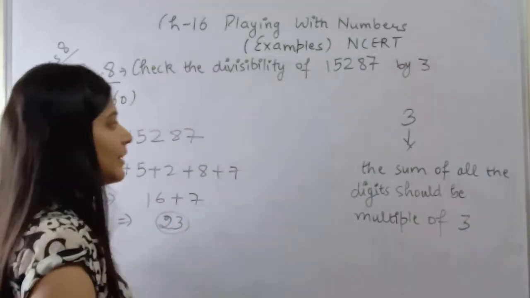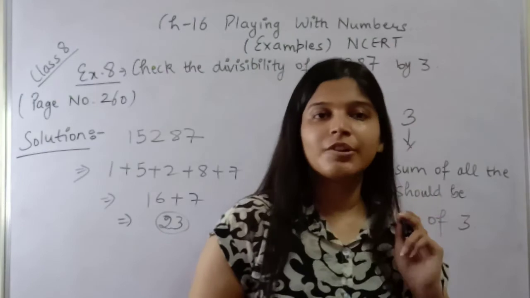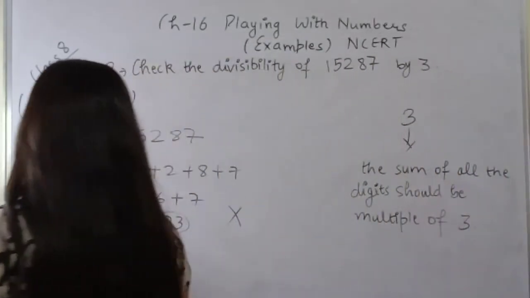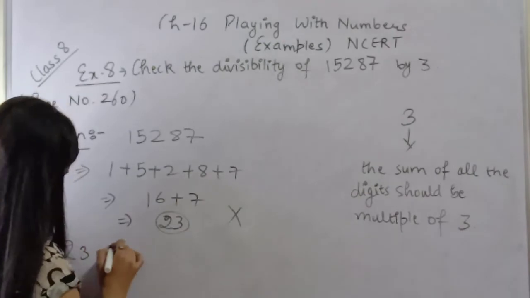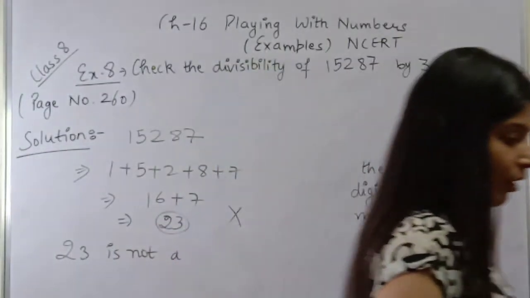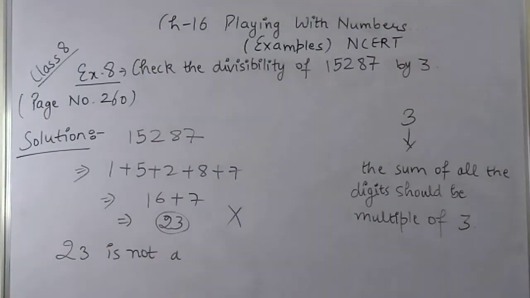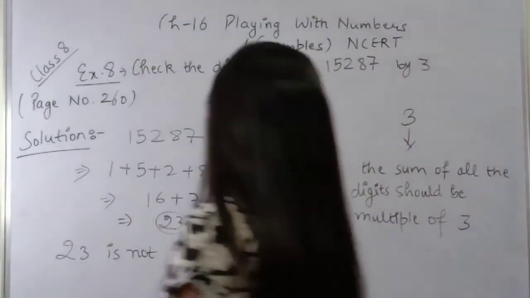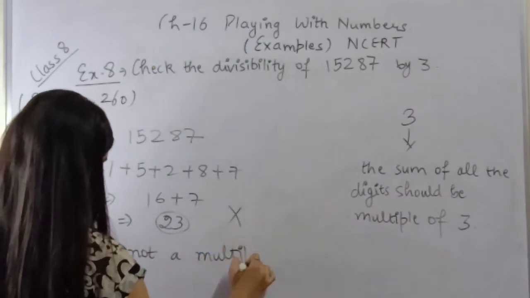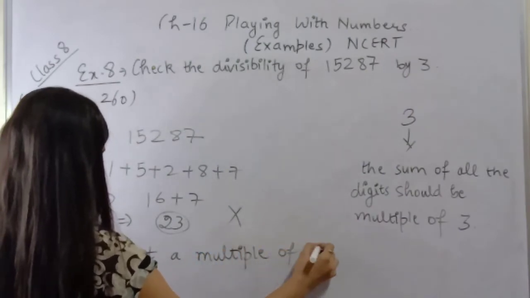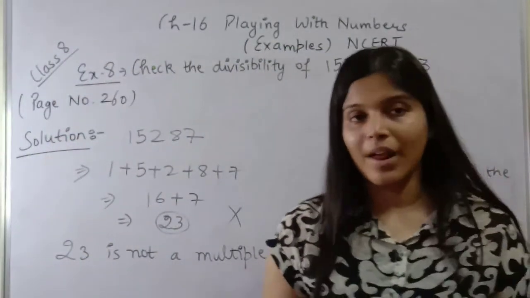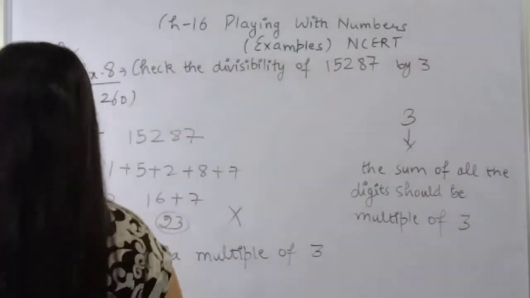23. Now 23. अब 23 3 का मल्टीपल है या फिर नहीं? So no, 23 is not a multiple of 3, because 21 के बाद second multiple is 24, right? 23 नहीं है multiple 3 का.